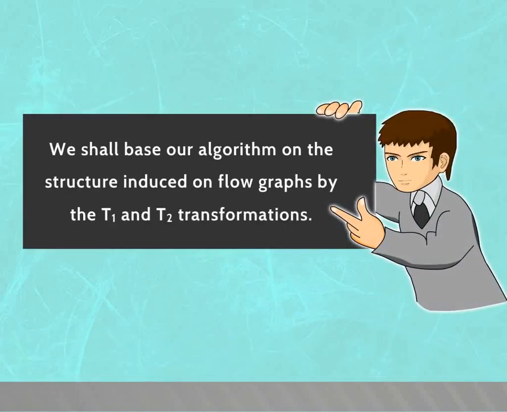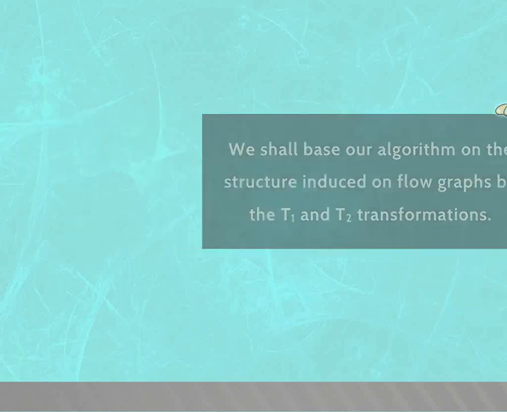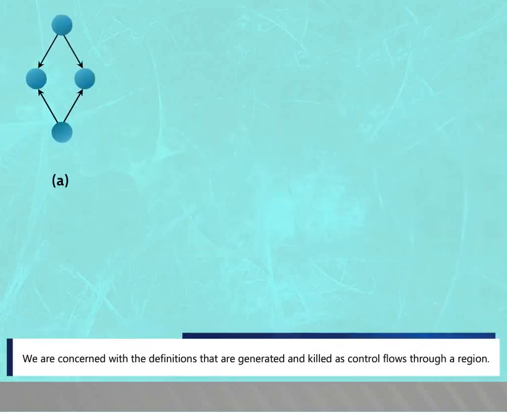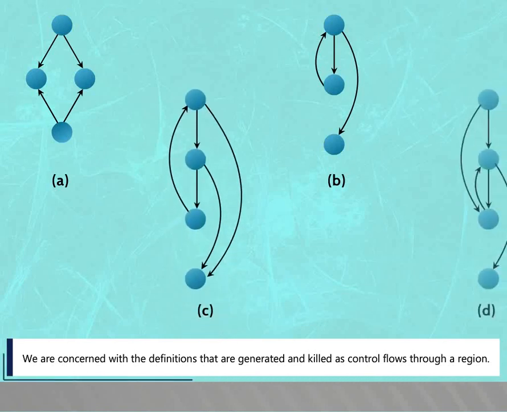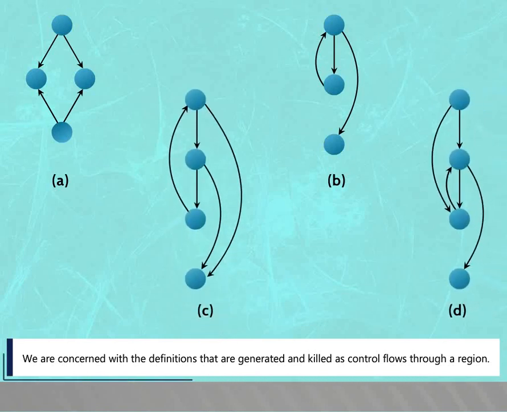We shall base our algorithms on the structure induced on flow graphs by the T1 and T2 transformations. We are concerned with the definitions that are generated and killed as control flows through a region.